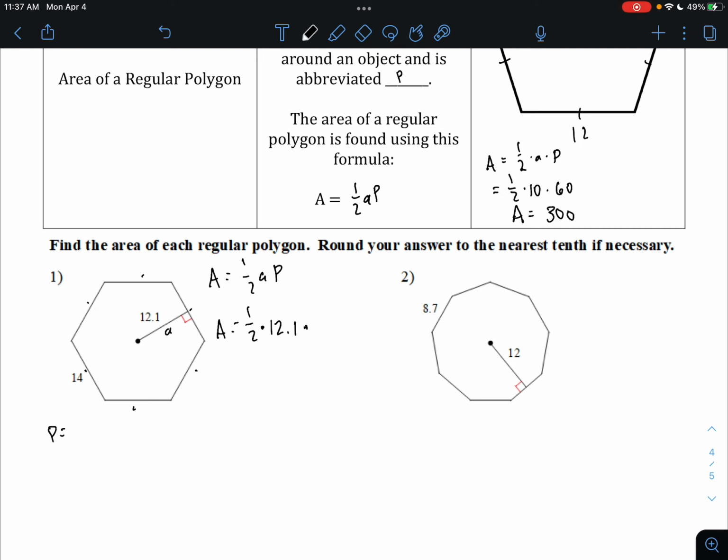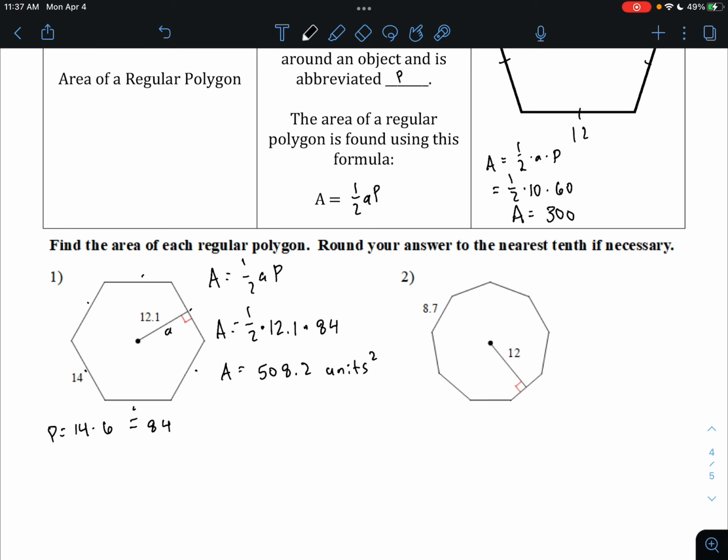So perimeter equals 14 times 6. 14 times 6 is 84. So we plug that into our perimeter. And once we plug that into the calculator, we get an area of 508.2. If that had a unit, we could put a unit on it. We don't, but we could just say that that is in units squared. Whatever that unit is, remember it is squared.